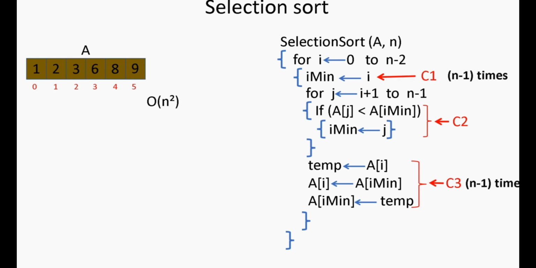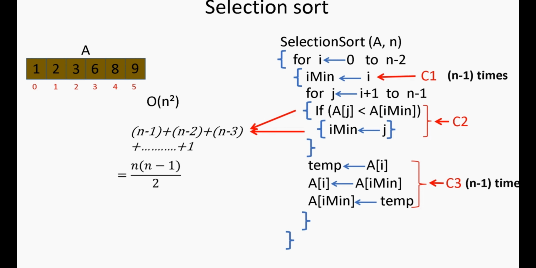This will also run n-1 times. If you try to calculate how many times those two lines will be executed, it will be n-1 for i equals 0, n-2 for i equals 1, n-3 for i equals 2, and this will be an arithmetic progression.